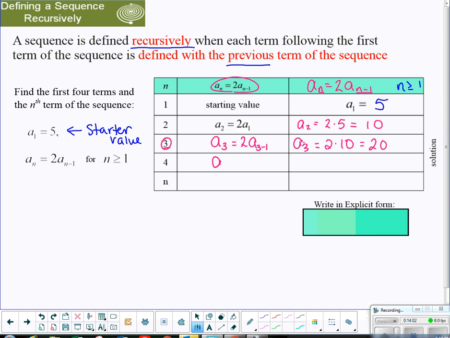And then my a sub fourth term is going to be 2 times the a sub 4 minus 1, which is the a sub third term. So a sub 4 is equal to 2 times the 20 value from before, getting us 40. And the a sub n term would be 2 times a sub n minus 1. Okay.